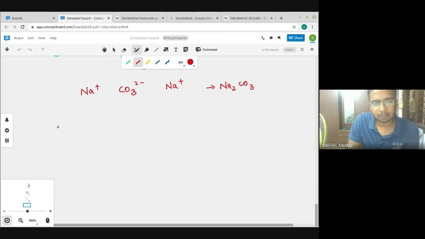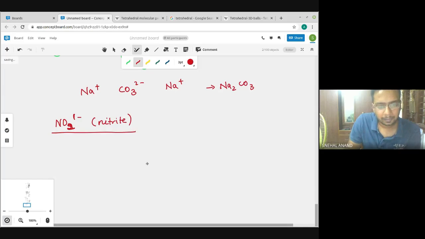if I take some more examples, I'm pretty sure you are interested now in the structure of nitrate, NO3, or nitrite, NO2 minus. This is nitrite. This nitrogen has 1, 2, 3, 4, 5 electrons in the outer shell. It just found 2 oxygens roaming around, which had 1, 2, 3, 4, 5, 6 electrons.